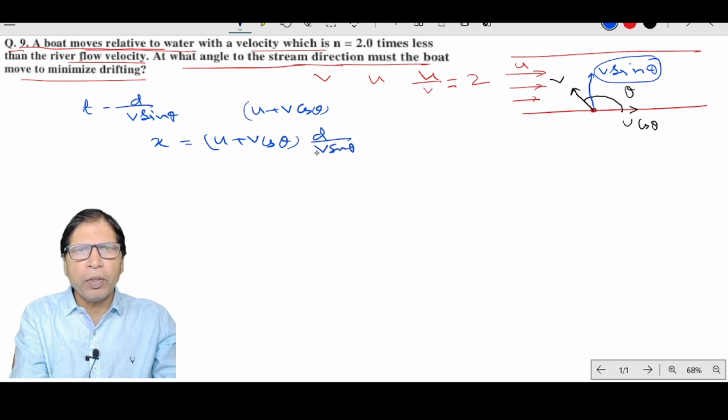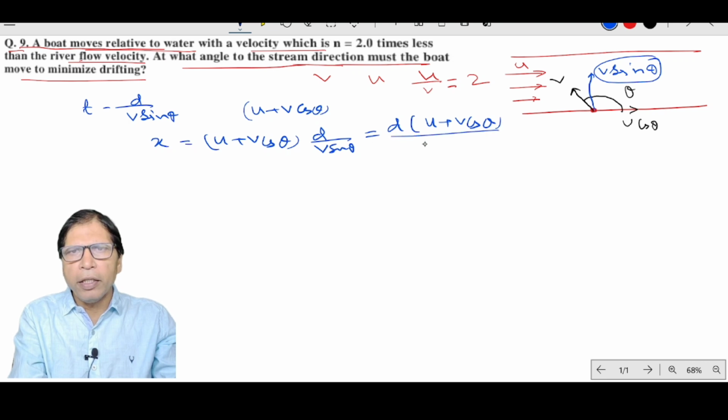Therefore, x equals d into u plus v cos theta divided by v sin theta. Now this x becomes minimum if dx by d theta is equal to 0.